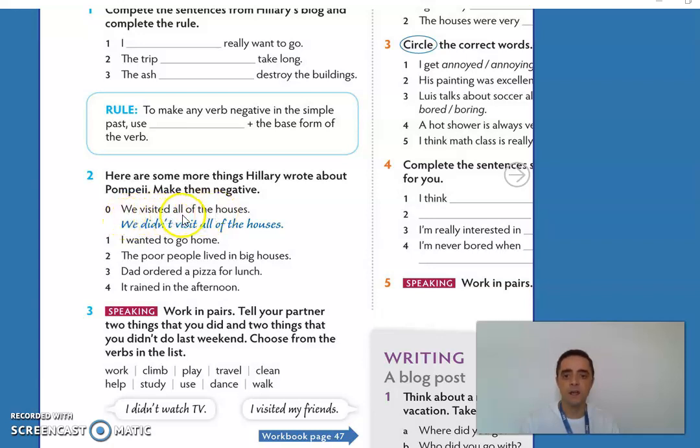We visited all of the houses. In the negative, we didn't visit all of the houses. So I put didn't and the verb in the base form. Take some minutes, then we come back to solve this exercise.